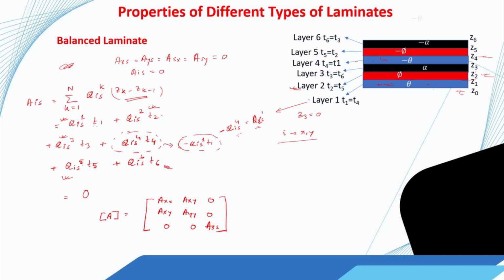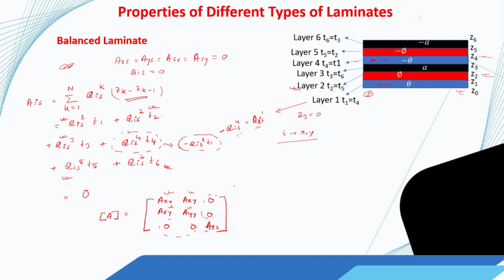So, the QXX of this ply is same as QXX of this ply. That is why if you add up their contribution, they are additive, they do not cancel each other. That is why these quantities do not become 0, rather they get doubled from the contribution of two plies, whereas the IS quantities become 0 because the corresponding Q terms are opposite for each two balancing plies.